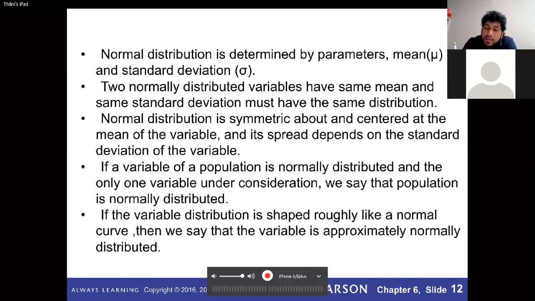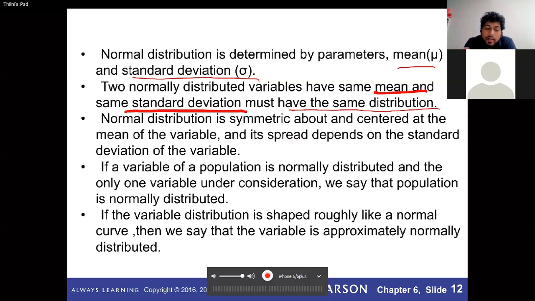We denote the mean by the Greek letter mu, and the standard deviation by sigma. These two parameters are really important when you are dealing with a normal distribution. If two normal distributions have the same mean and the same standard deviation, then they must have the same distribution, which means they are equal.